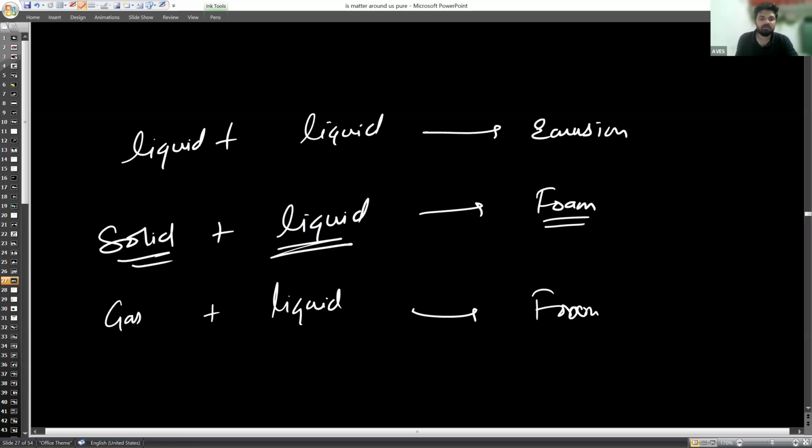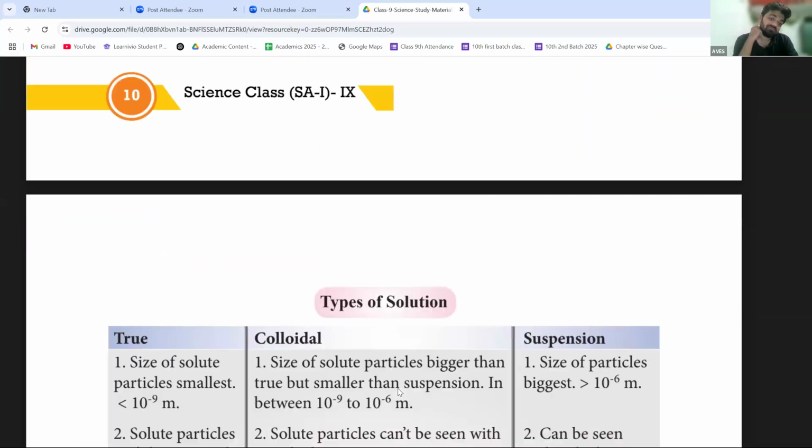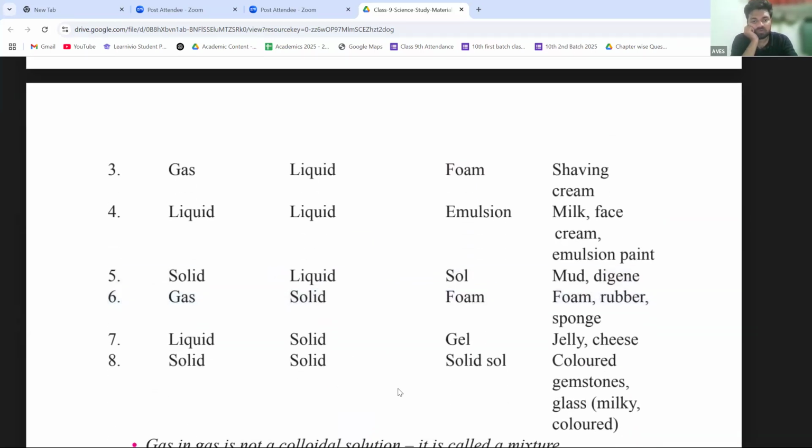Foam is gas dissolved in solid. I choose the dispersal medium as incorrect. That is, foam is solid. Dispersal phase is solid. Okay, so this is solid.